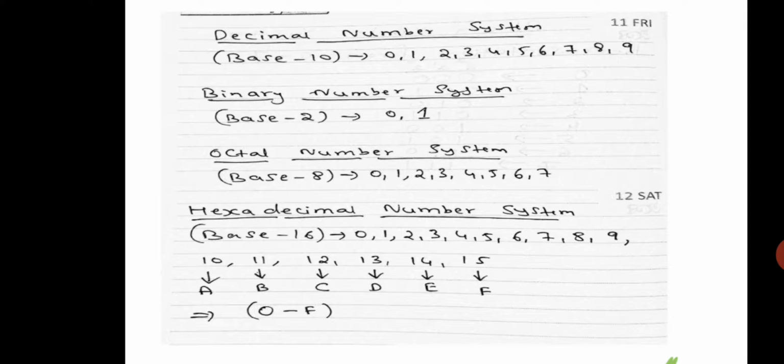So it is something like the decimal number system itself. But after 9 you have A, B, C, D, E, F, those 6 alphabets you are going to represent, isn't it?